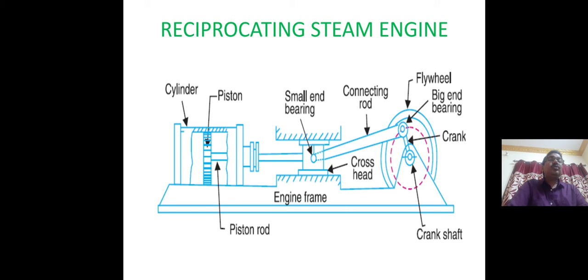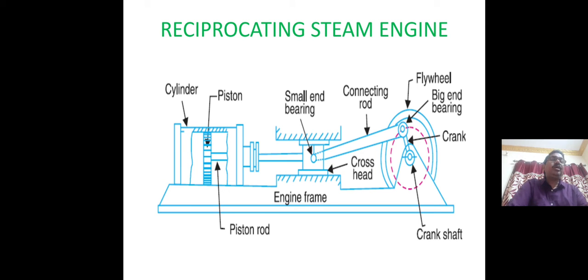Now our reciprocating engine mechanism, the steam engine mechanism: the piston rod and crosshead are one single element, or you can call it a link. Piston rod and crosshead are considered as one element or link.